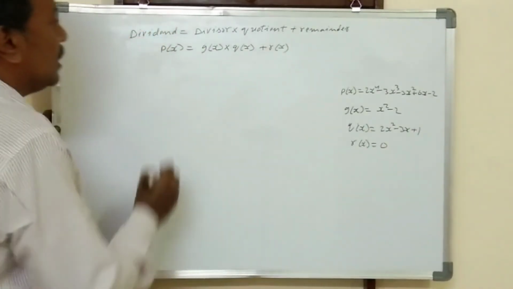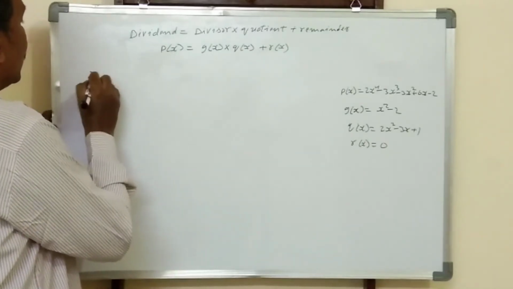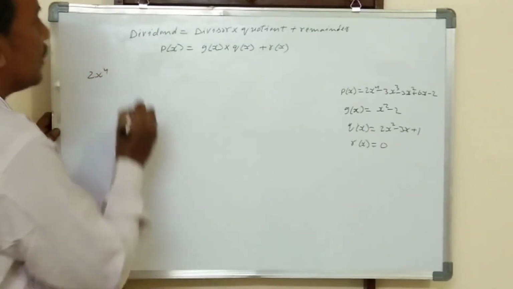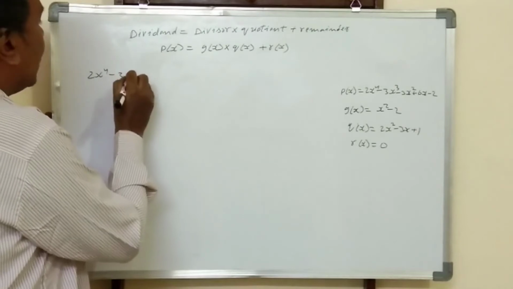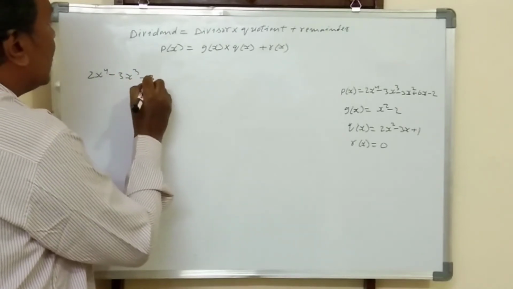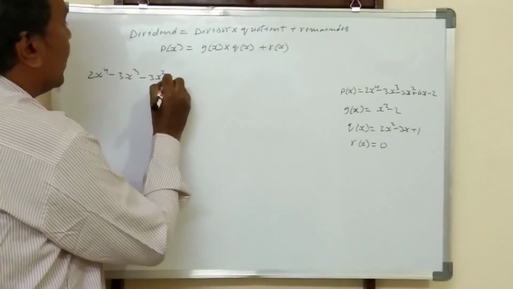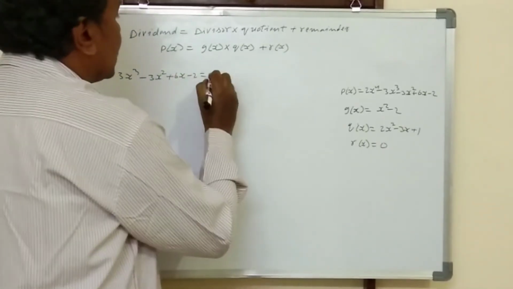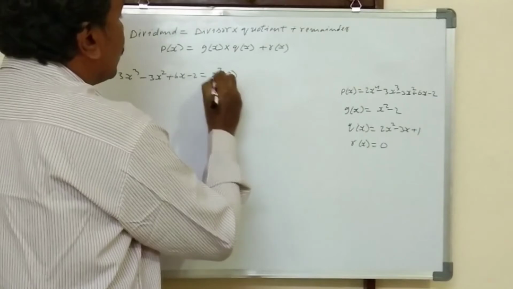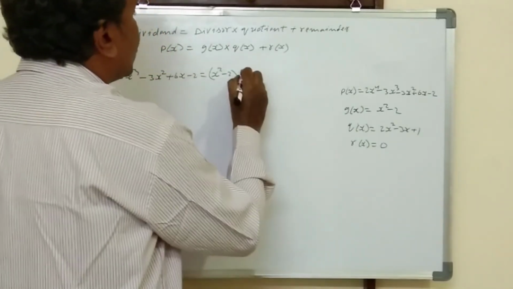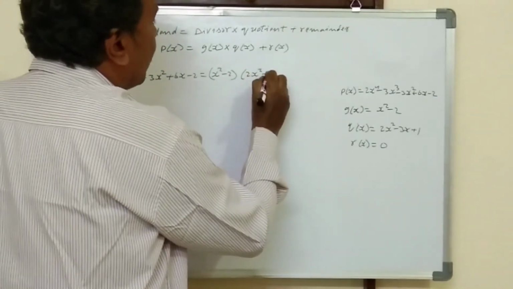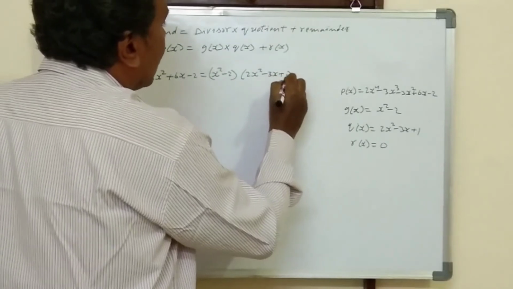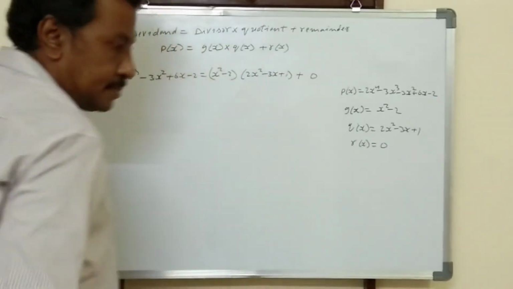Like that, you take p(x), 2x power 4 minus 3x cube minus 3x square plus 6x minus 2, equal to g(x), x square minus 2, into the quotient 2x square minus 3x plus 1, plus remainder 0.